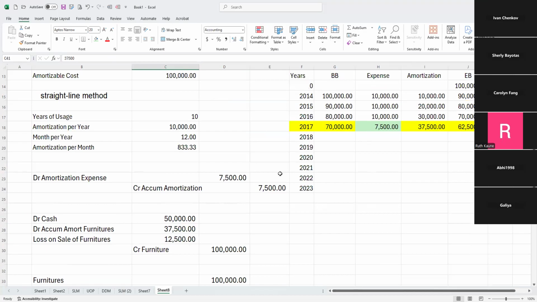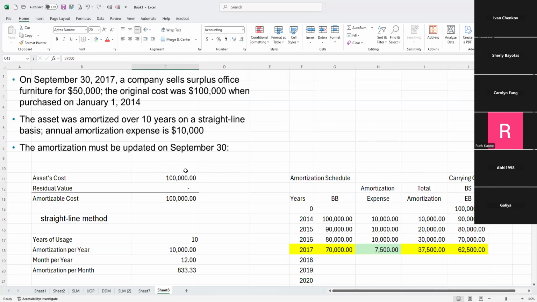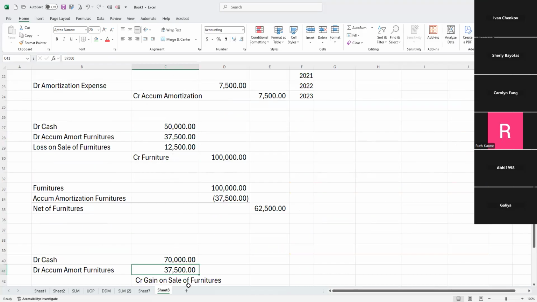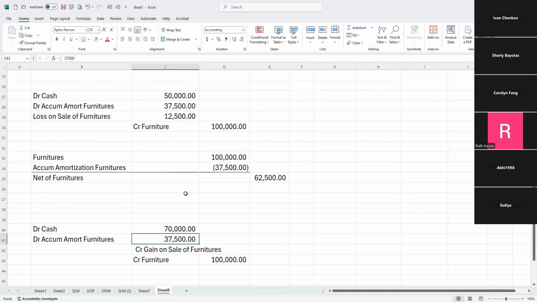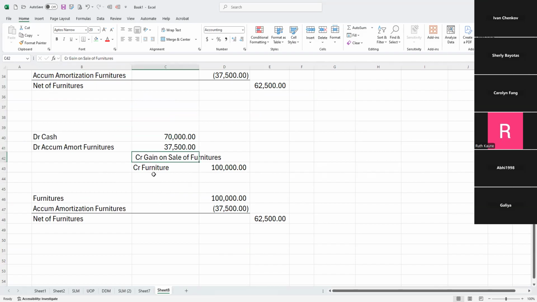See where you are, update it for the last year until you sell it. Get rid of the amortization. And after that, do the simple calculation. Where you are short on the debit side, if you are short on the debit side, loss. If you are short on the credit side, gain. And that's it. Questions?